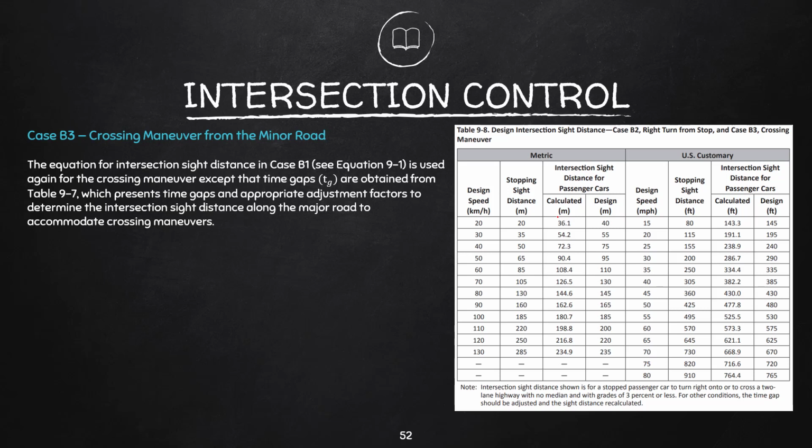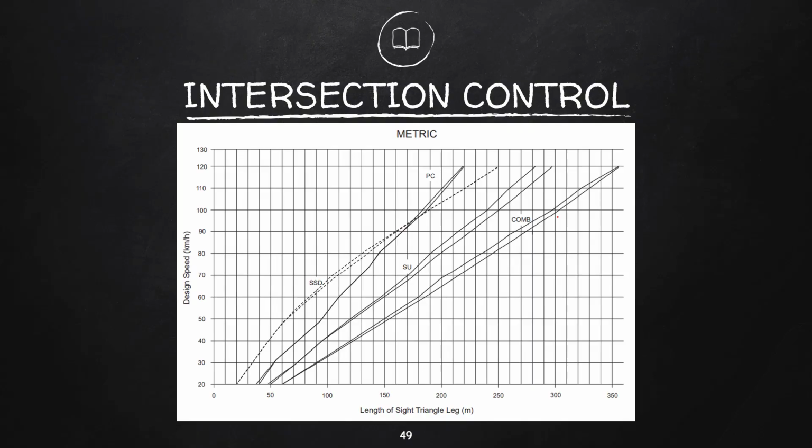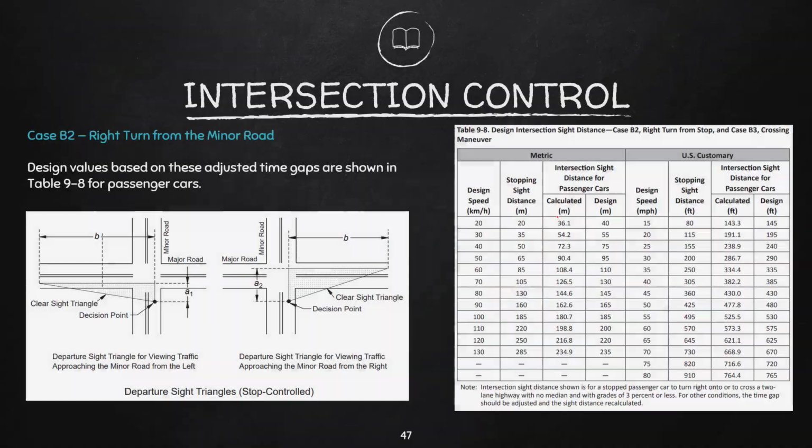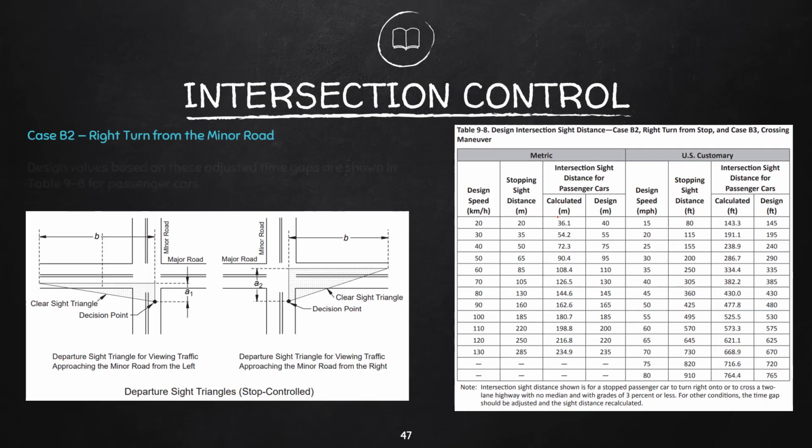The equation for the ISD in case B1 is used again for the maneuvers. It's just that we are changing the values of time gaps, or we are using the values from table 9-7. 9-7 is this portion, similar with what we use in case B2.